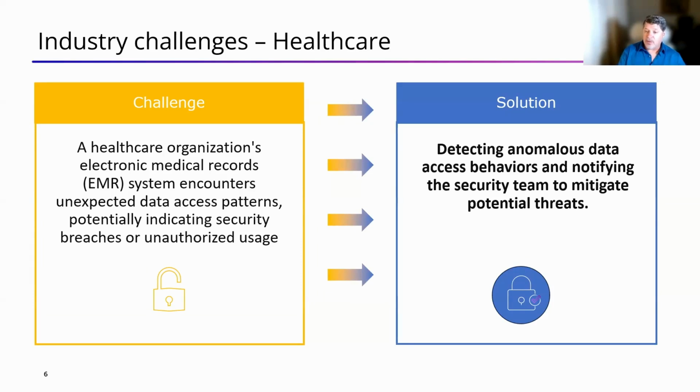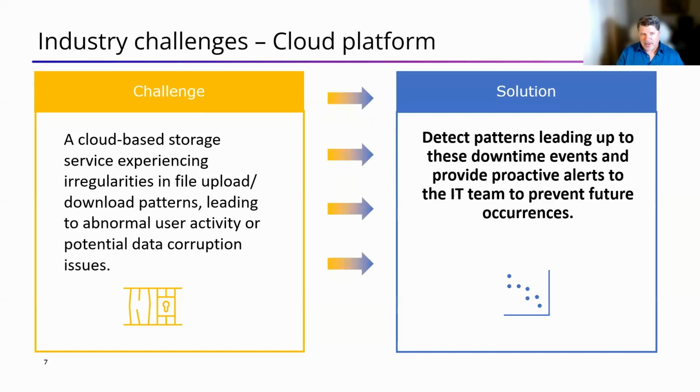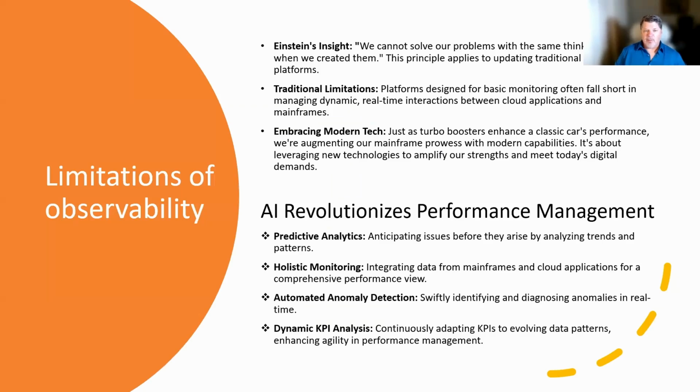And then we want to be able to notify security. We want to be able to shut down any access that should not be happening, so we can protect that data. And then we need to look for patterns that are affecting the availability, caused by too many uploads, too many downloads, things that are abnormal activity on the system. Again, trying to protect the system and keep things moving.